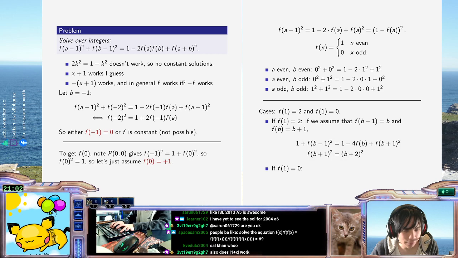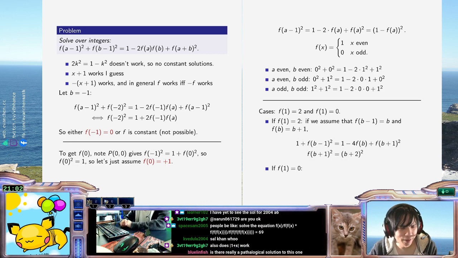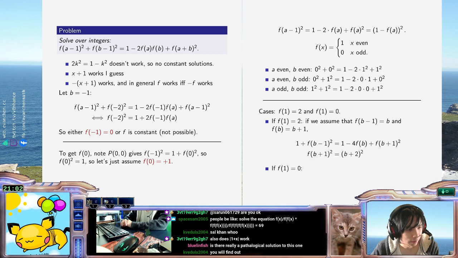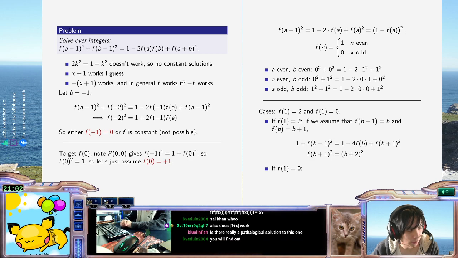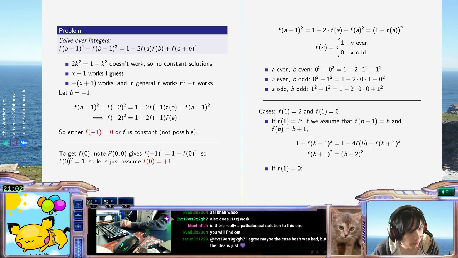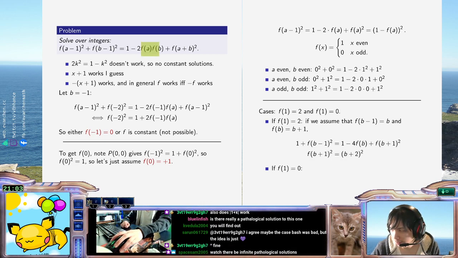Does absolute value of x plus 1 work? I thought about that. I think I concluded that it didn't, but you should double check that for me. I'm not 100%. I feel like it shouldn't work because this thing should be allowed to be negative.